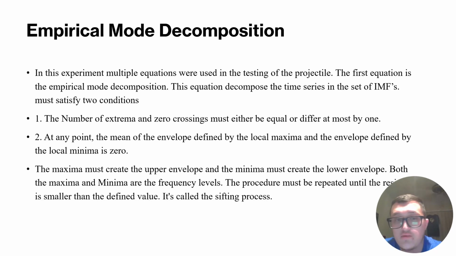So the first thing they used was the empirical mode decomposition. In this case, it's to test a time series in the sets of IMFs, and it must satisfy two conditions. The number of extrema and zero crossings must either be equal or differ at most by 1. And second, at any point, the mean of the envelope defined by the local maxima and the envelope defined by the local minima is 0. Meaning you can't have more than one, as far as displacement.